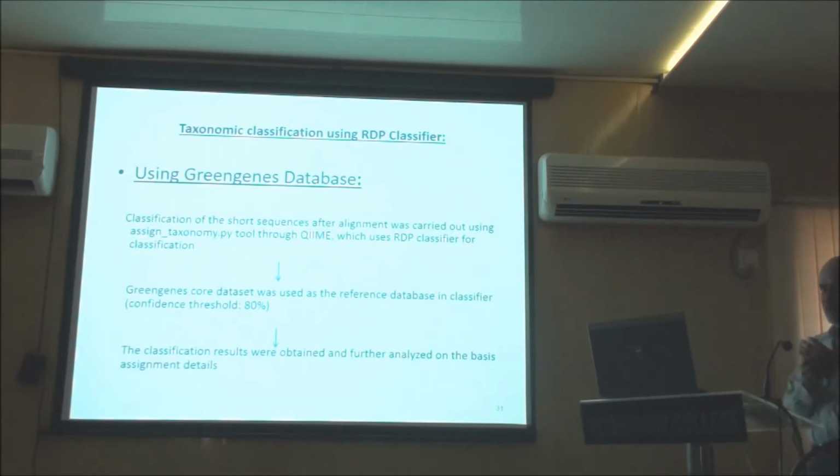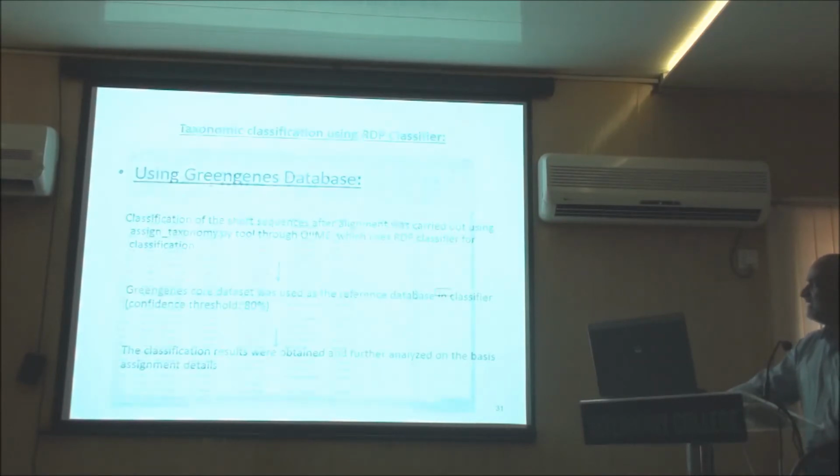We used the entire type strain sequences database as our experimental database, used these primer pairs to get in silico generated PCR products, and then remapped these products to identify their taxonomic affiliations. We already know the taxonomic affiliations from the database, so we tried to find out how accurate a taxonomic assignment we get. For this we used the Green Genes database and also the RDP database, and I'll be showing you the comparative analysis of those.